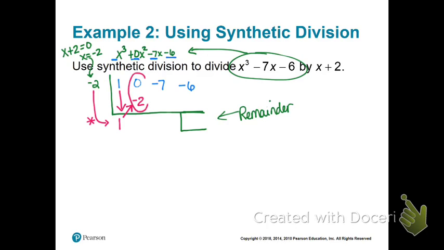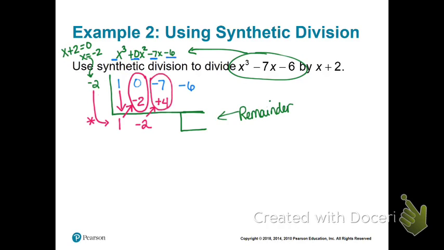What is 0 minus 2? And we put it underneath. But I put something else in that bottom row, didn't I? So what are we going to do with every number that goes in the bottom row? Multiply it by that negative 2. So negative 2 times negative 2 is positive 4.